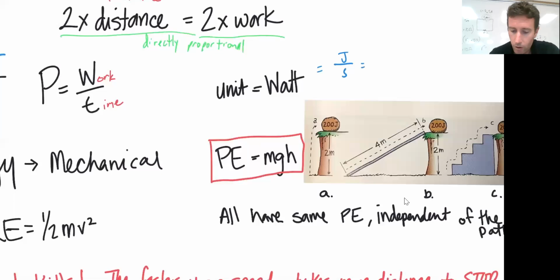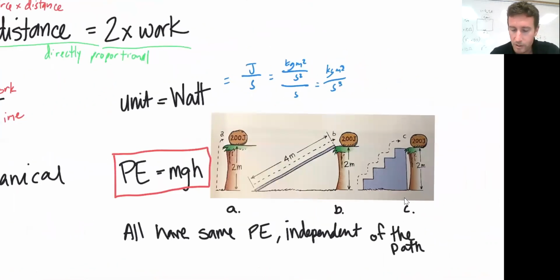And I know that a joule is a kilograms meters squared per second squared over another seconds. So that would be kilograms meters squared over seconds cubed, because now I have 2 seconds on the bottom divided by another second on the bottom gives me 3 seconds on the bottom, or seconds cubed. All right.